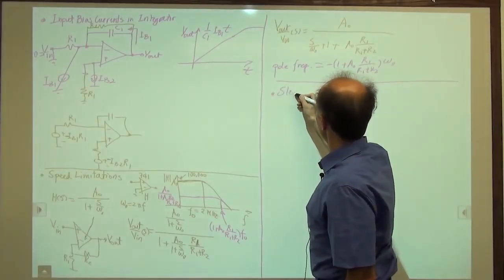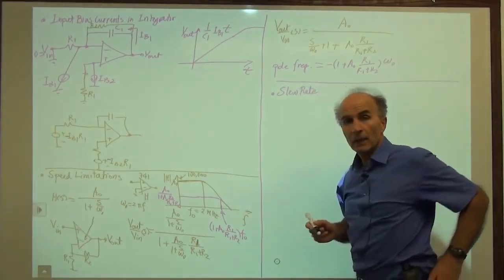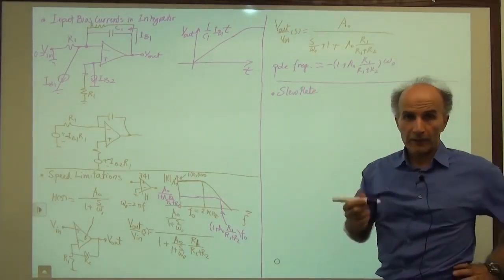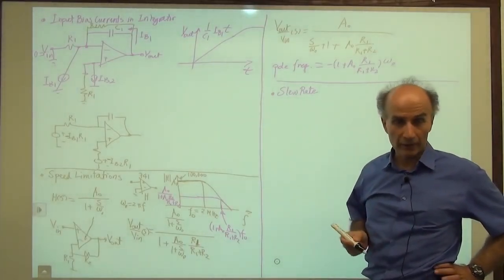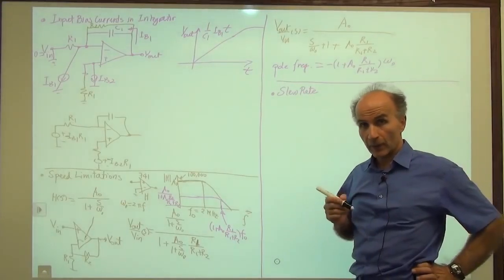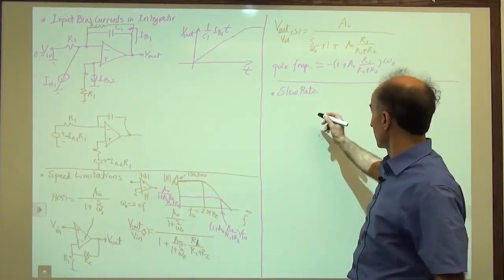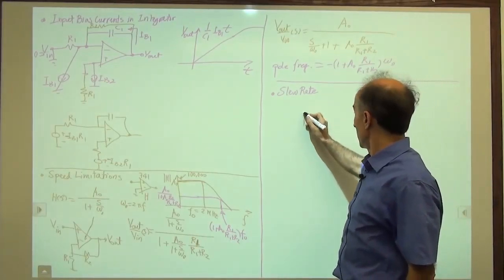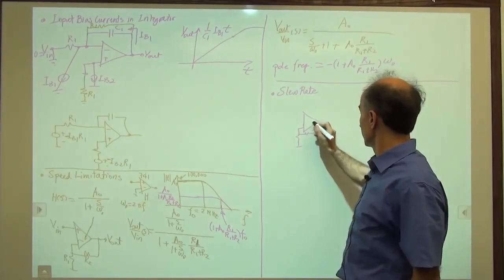So slew rate. Well, if you take an op-amp like the 741 and you build some sort of circuit, an amplifier, and then you apply some inputs, you see something interesting happen. So here's how it goes. Let's take a very simple amplifier like this.